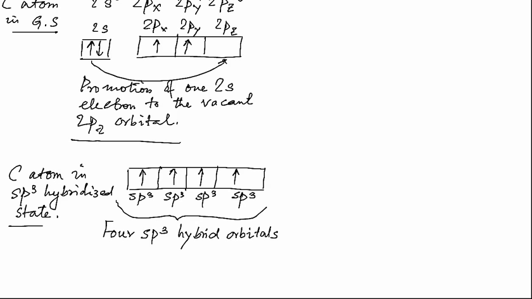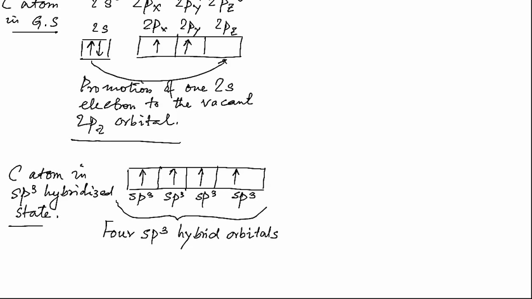Now the 4 sp3 hybrid orbitals that are formed will now form 4 sigma bonds with 4 different hydrogen atoms. Each of these 4 sp3 hybrid orbitals which I have drawn contains 1 electron.